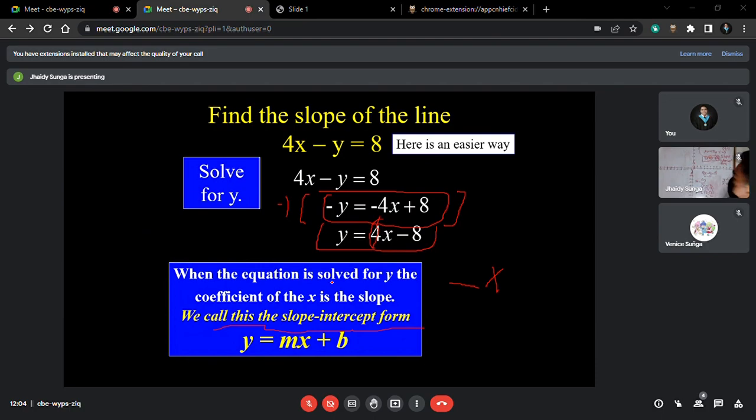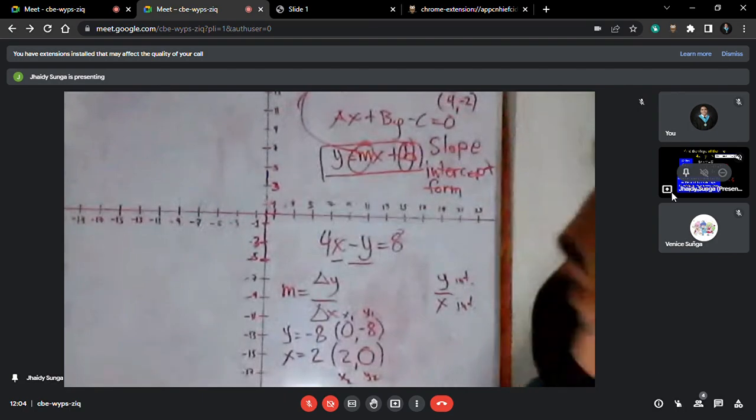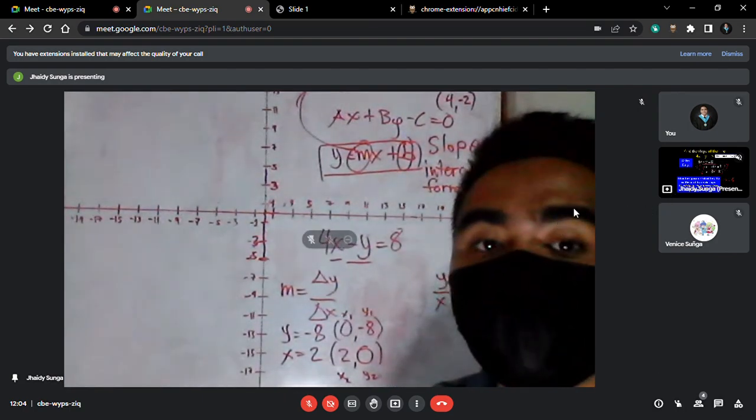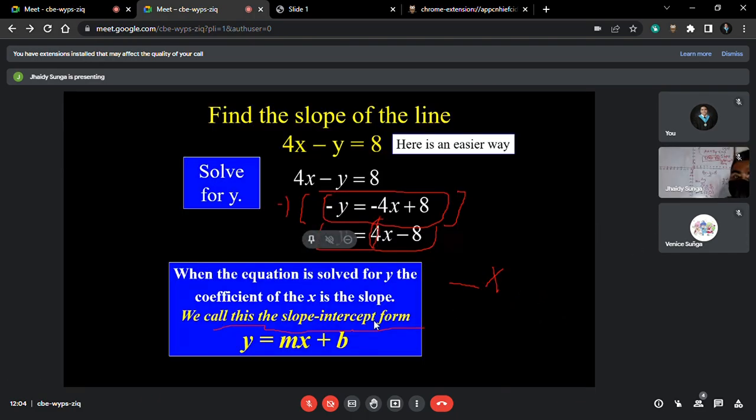That's the one that I said a while ago. This is our slope-intercept form. So it is y is equal to mx plus b. So always remember that. We have the general form, y is equal to mx plus b. So we could see that our y is negative 8 if we will be covering this 4x.